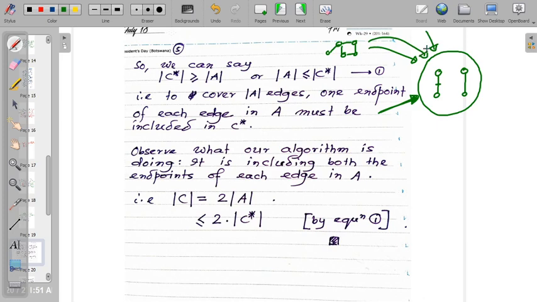So if we run this, we will be forgetting the original graph. Now we will be thinking that this is the corresponding skeleton graph of the original graph, and we are running our optimal algorithm so that these edges will be covered by vertices of this graph.